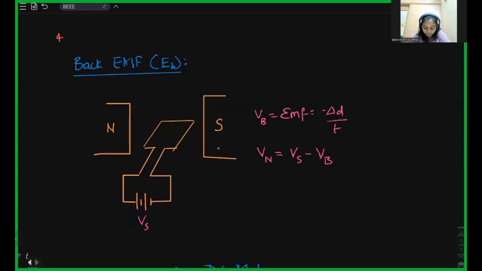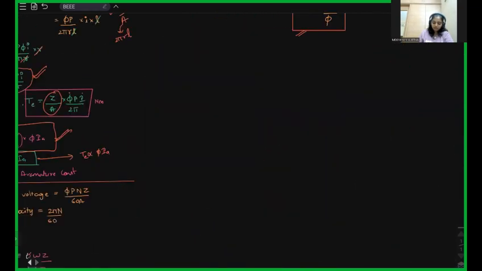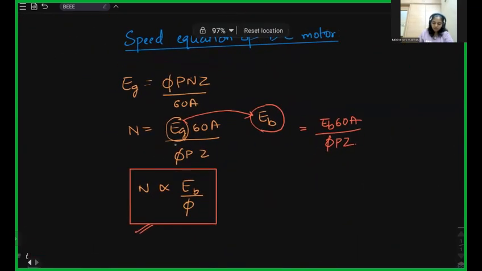When you have a very low speed, you get a very low backward voltage from the coil. So the voltage which comes backward is directly proportional to the speed of the motor, the speed of the coil. This is the basic terminology, and that's why we will use Eb instead of Eg, because they are related. So N equals Eb 60A by phi P Z.